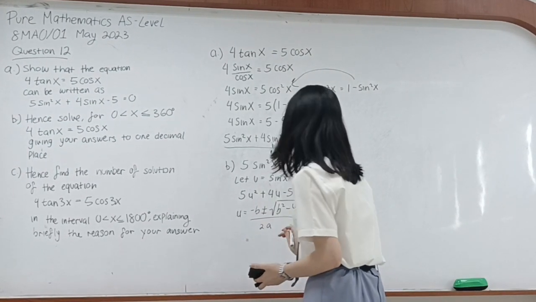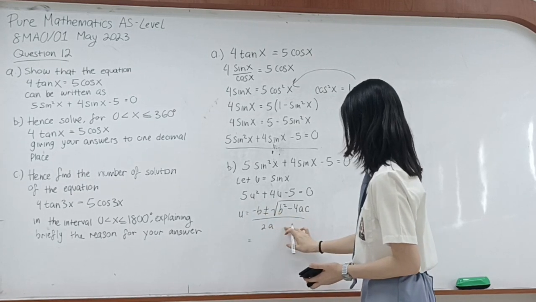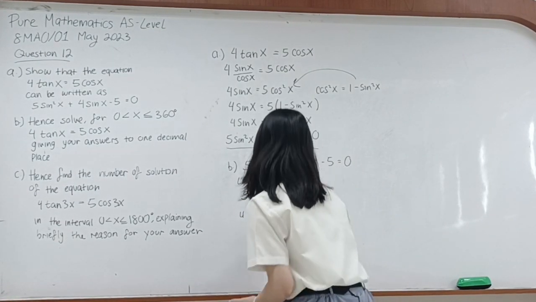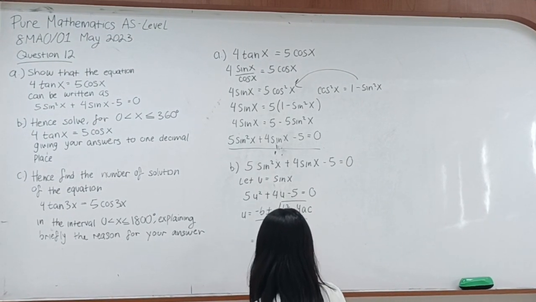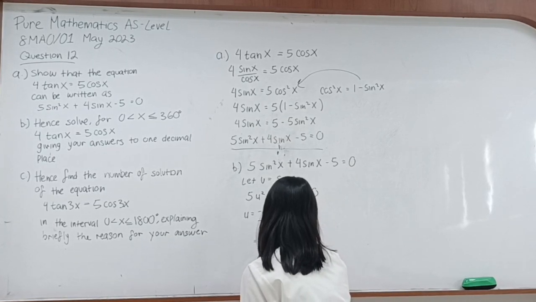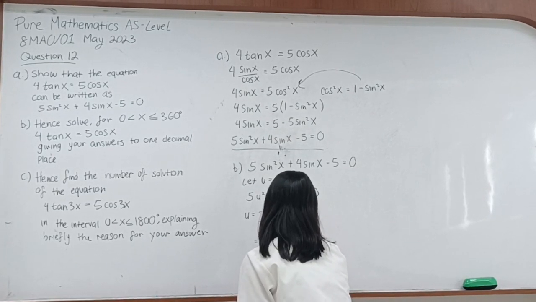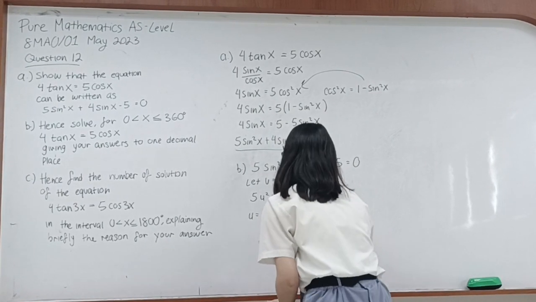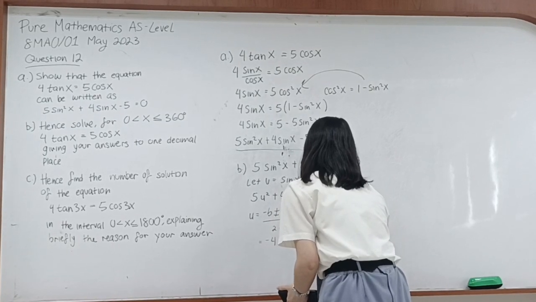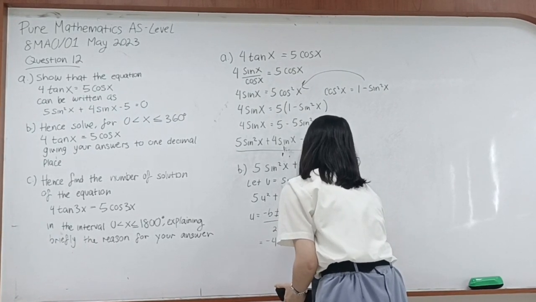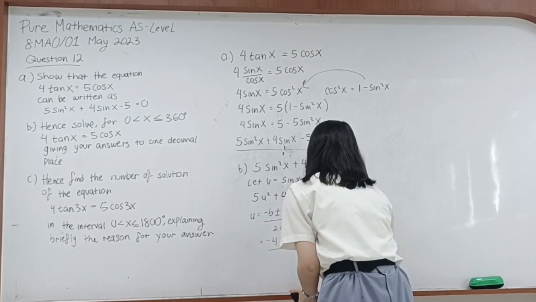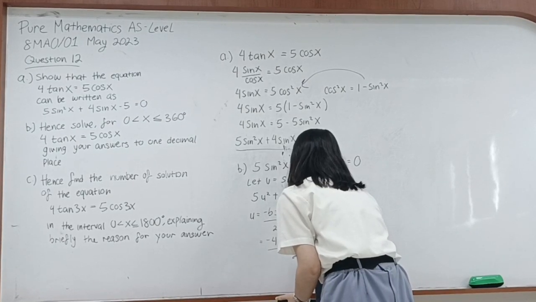So we want to add these values to this formula, which would give us minus 4 plus or minus root of 4 squared minus 4 times 5 times minus 5, divided by 2 times 5.